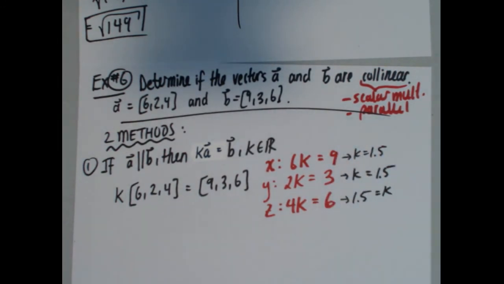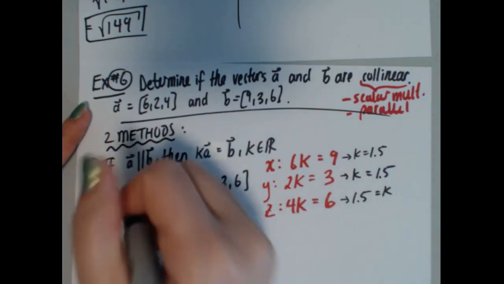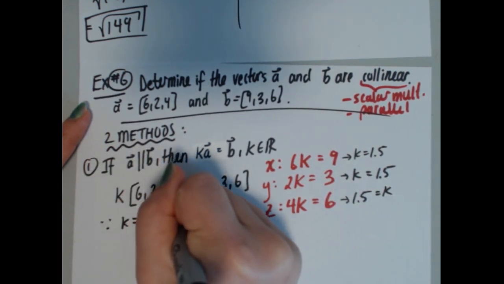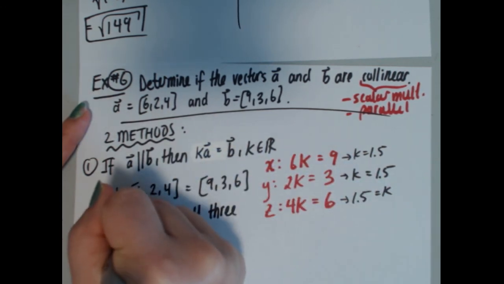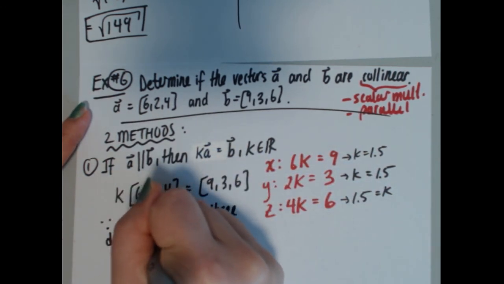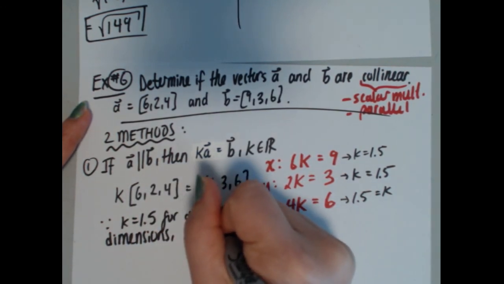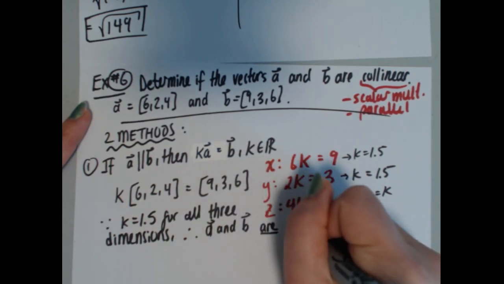So since K is the same for all three dimensions, therefore the vectors are indeed collinear. So since K is equal to 1.5 for all three dimensions, therefore A and B are collinear.